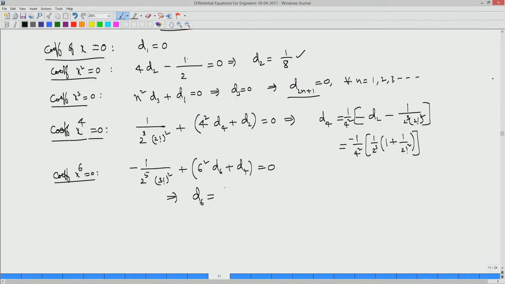This is going to be 1 by 6 square, minus d4, plus 1 by 2 power 5, 3 factorial square.